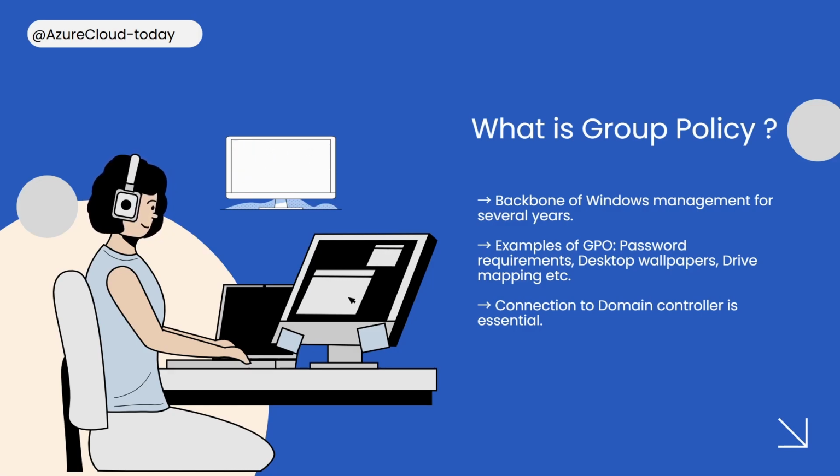Over there, you go ahead and write those group policies. And those group policies are linked to the devices, like a Windows 11 device or Windows 10 device. And when those group policies are linked over there, then the policies which you see in the examples are enforced to all those devices. However, connection to the domain controller is essential here.